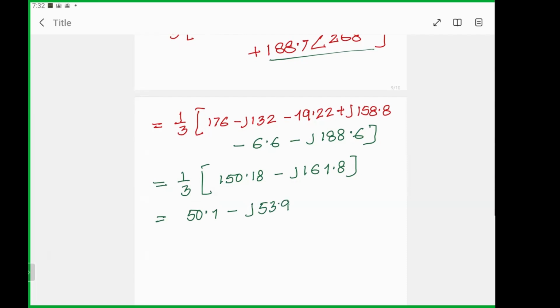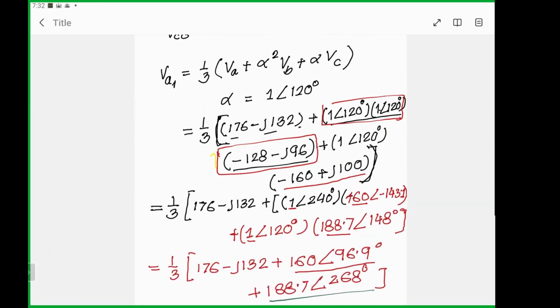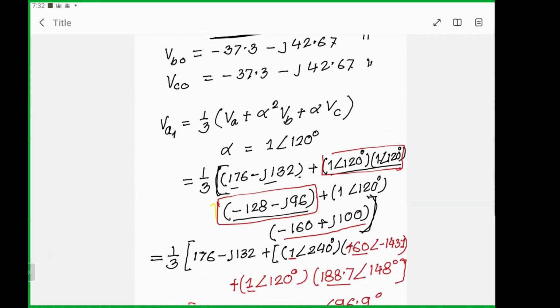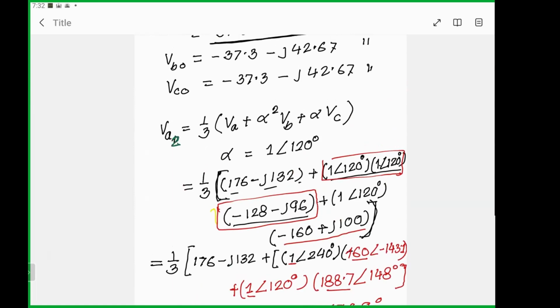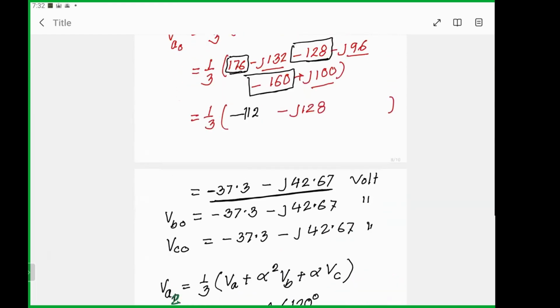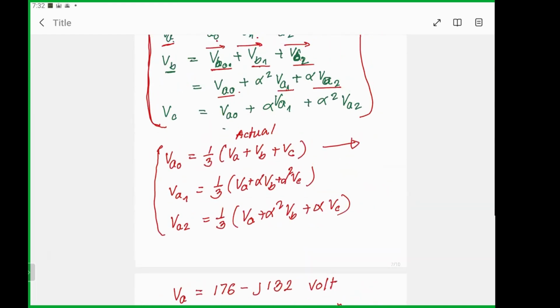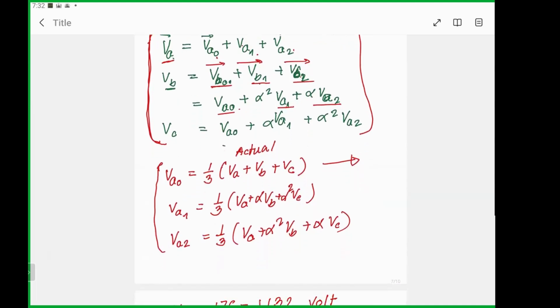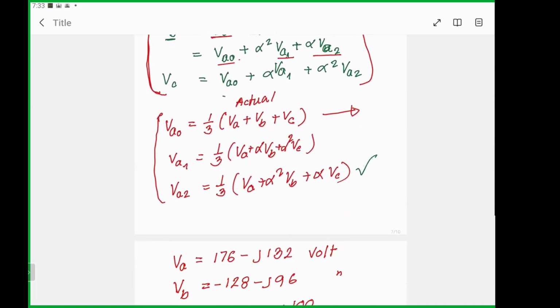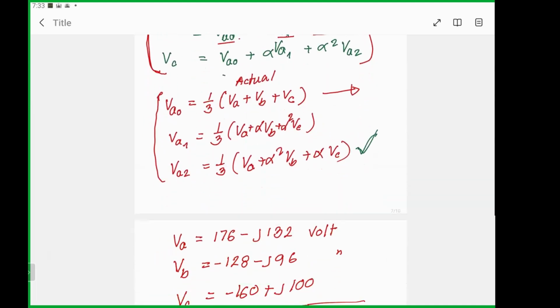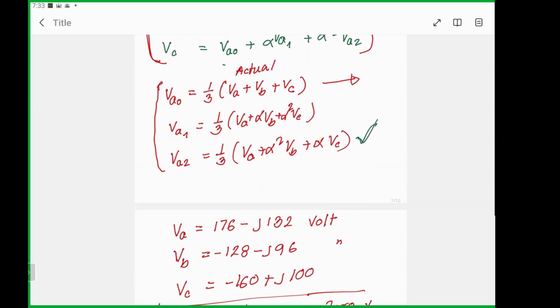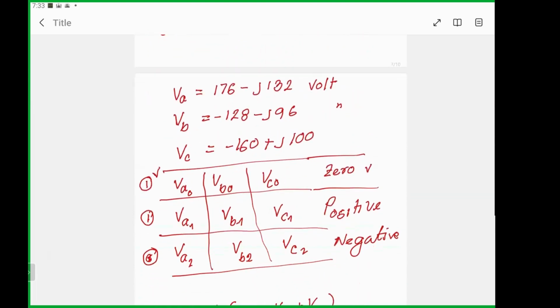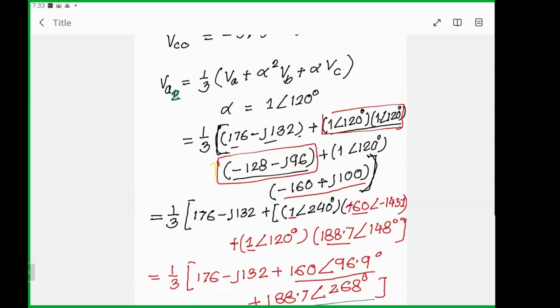Okay, I think I have done the other one, the formula. Instead of A1, it should be A2. I have written the wrong formula. With alpha squared and alpha, that gives me A2 actually instead of A1.